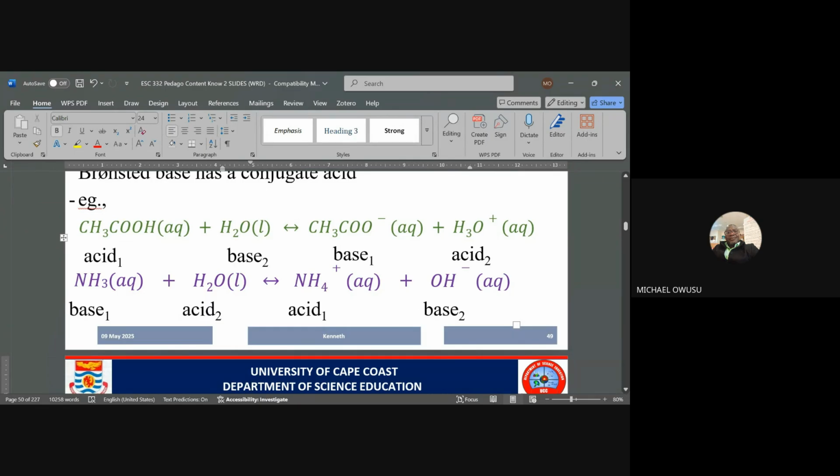Acid 2 is going to donate a proton to become base 2, or base 2 is going to accept a proton to become acid 2. So that is about the conjugate acid base pairs. Any question there?